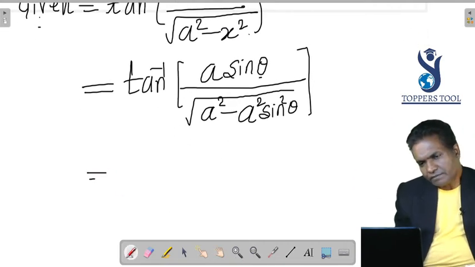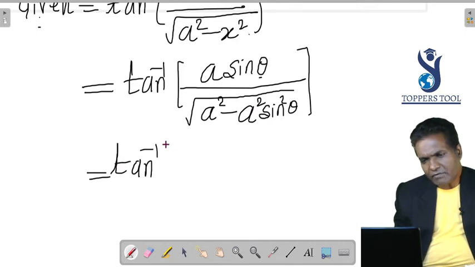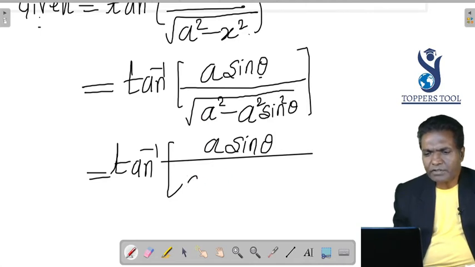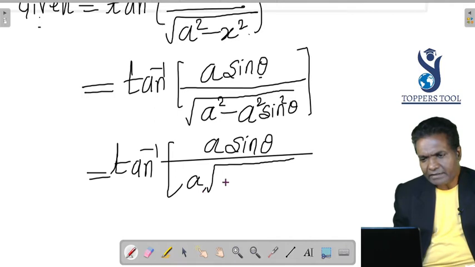Now look, this is tan inverse of a sine theta as it is. Okay, so what we will get? Taking a square outside the root, you will get a. Taking a common outside the root, you will get a, and you will be left with 1 minus sine square inside the root.